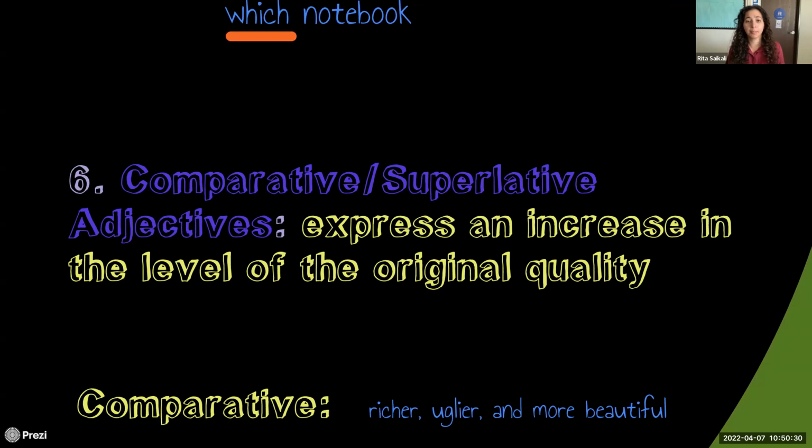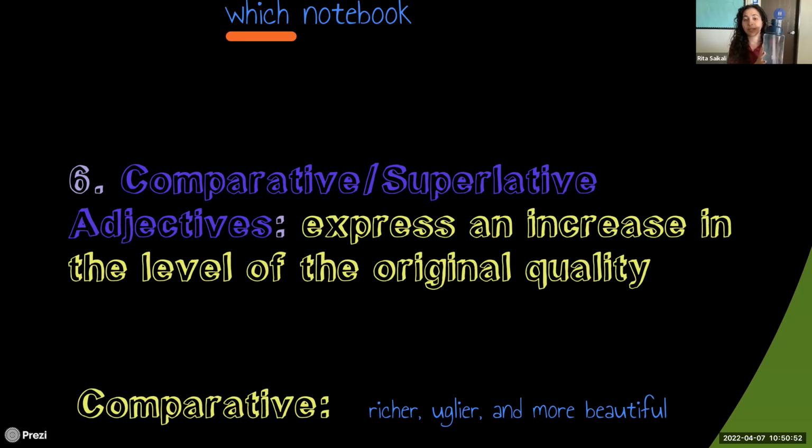Okay, comparative or superlative adjectives. These show a comparison between two things. They show either an increased level or a decreased level, or that something is better. So for example, this water is the best water I've had.